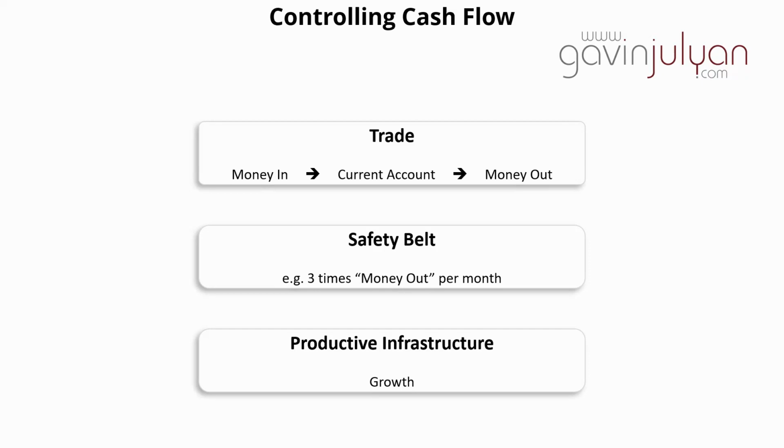Our safety belt, where we put spare money, and it should be 3 times the money out per month, which gives us a 3-month leeway to change our thinking and our plans if we have bad trade. And then if we've got spare money, we put it into our productive infrastructure, which makes our business capable of doing more, either producing more, delivering more, creating more, whatever.